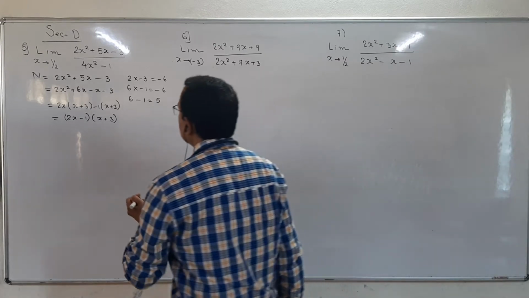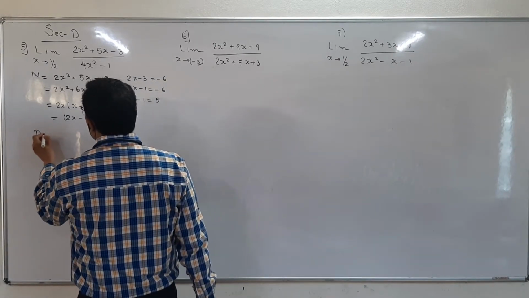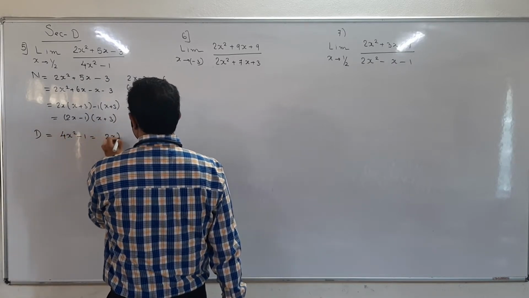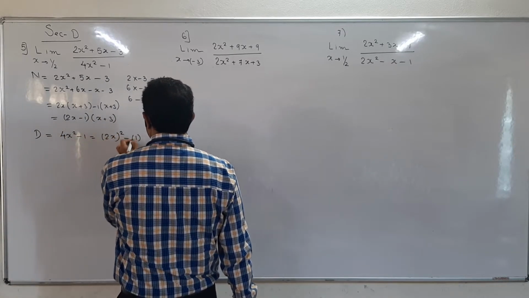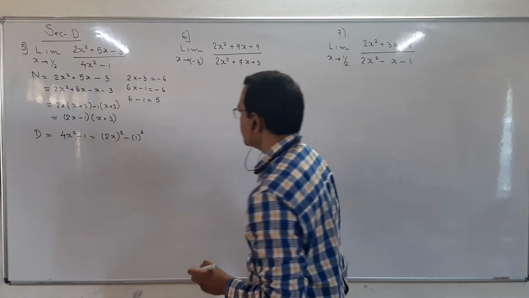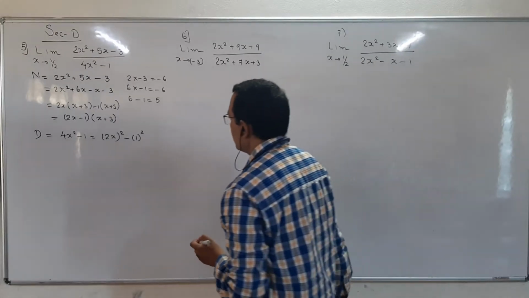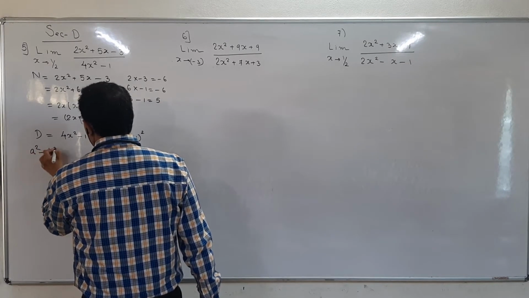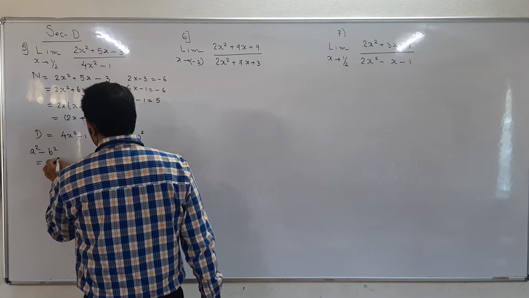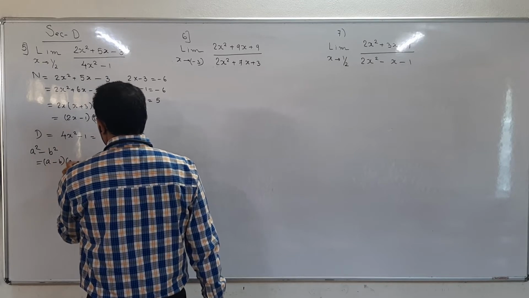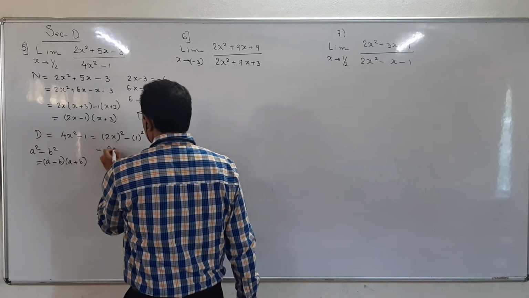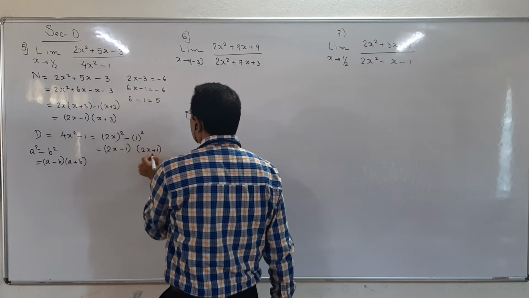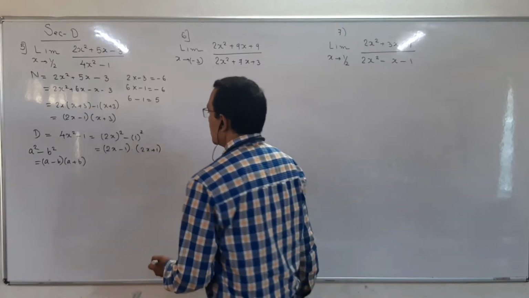Now I am factorizing the denominator, which is 4x square minus 1. So 2x whole square minus 1 square. Factors of a square minus b square: I am applying this formula, a square minus b square is equal to a minus b into a plus b. So twice x minus 1 into twice x plus 1.